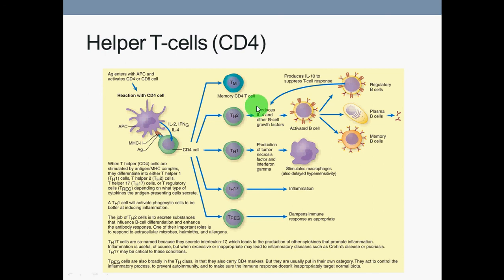But their main job is to go along activating B cells or stimulating macrophages. Basically, they help or they continue this immune response through activating other cells that do the job of killing the microbes. So they don't kill microbes directly, but they activate other cells that do.